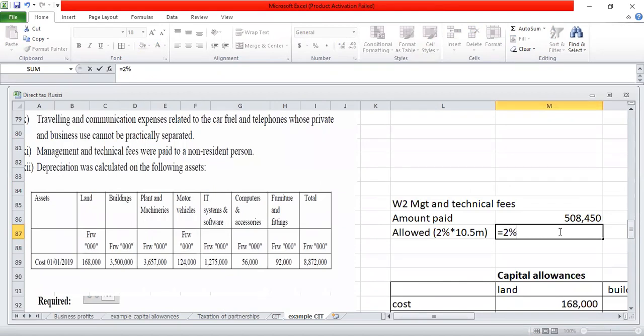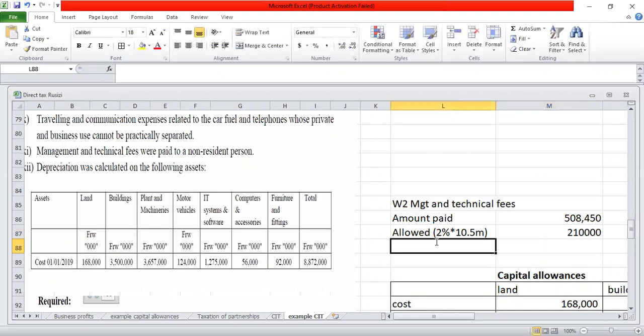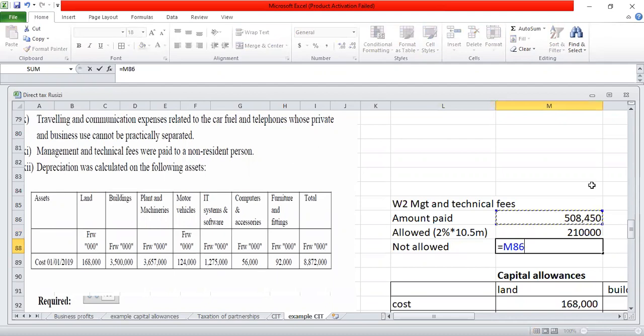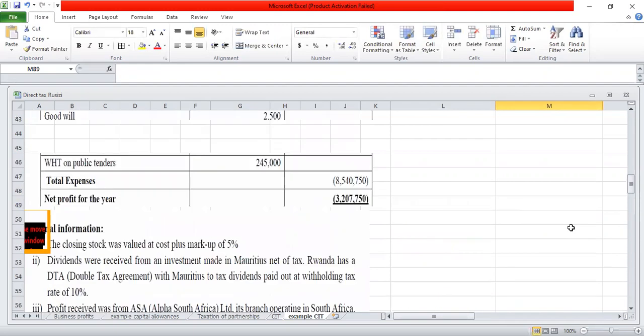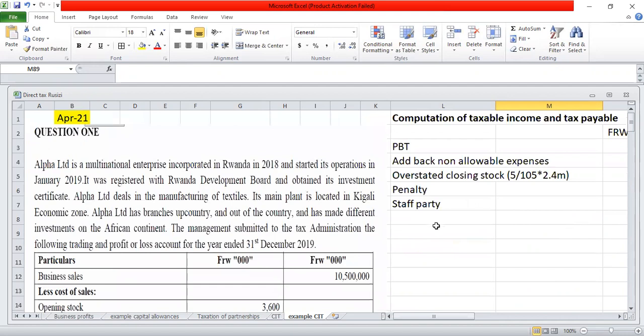Two percent times 10. So not allowed will be this minus this, 298,450.